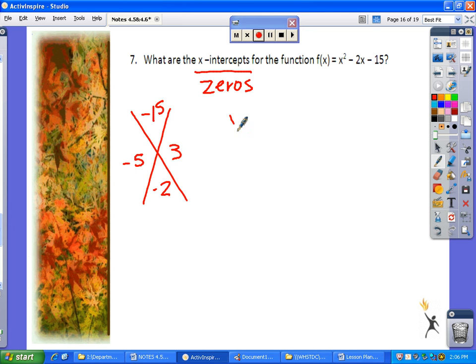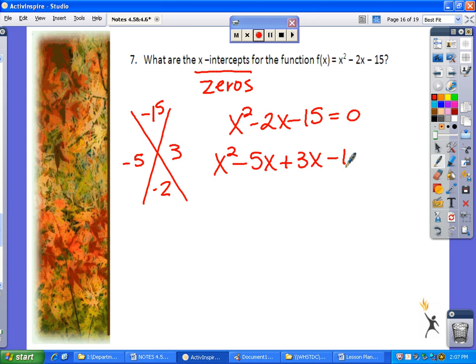Okay, so we're going to solve this quadratic. Let's factor it. We want to rewrite that middle term. Group the first two, group the last two, and take out the GCF for both of them.